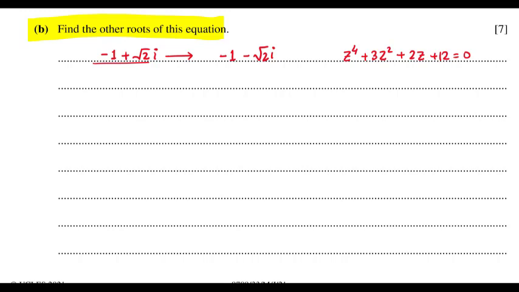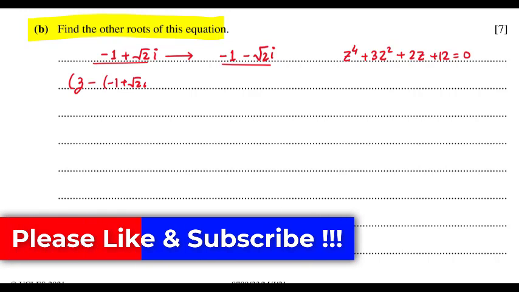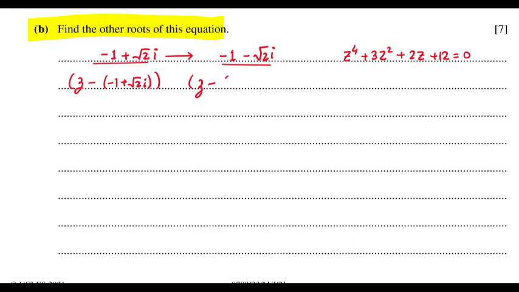if we have these two as roots, then z - (-1 + √2 i) and z - (-1 - √2 i) are the factors of this polynomial, meaning the left hand side.